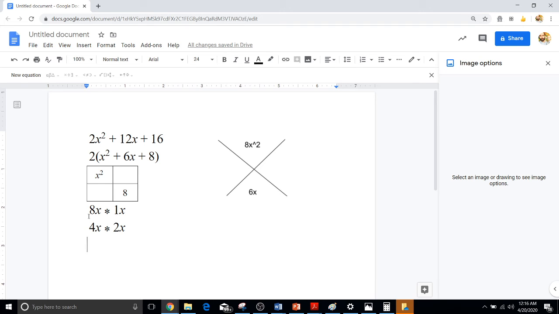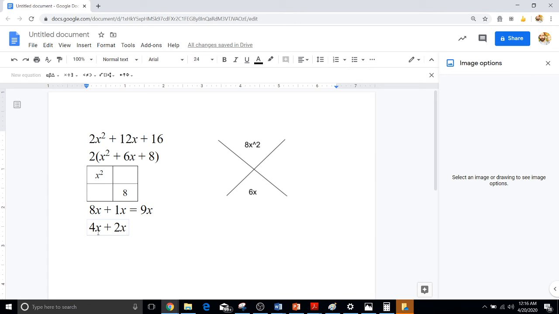All right, from here we have to figure out, can these add to give us 6x? Well, let's imagine that we have pluses here instead of multiplication signs. And if we take 8x and add 1x to it, we actually get 9x. Not exactly what we're looking for.